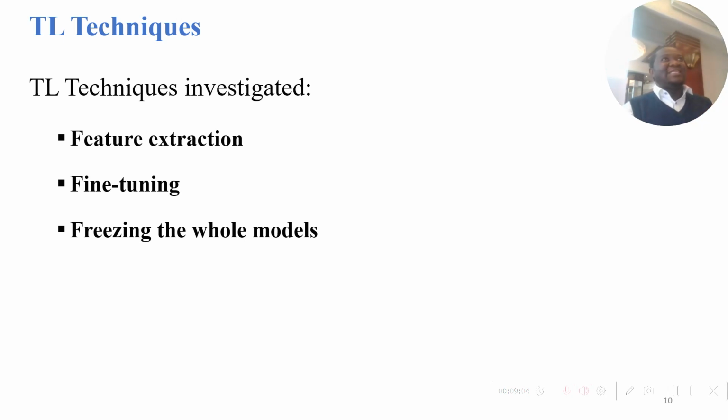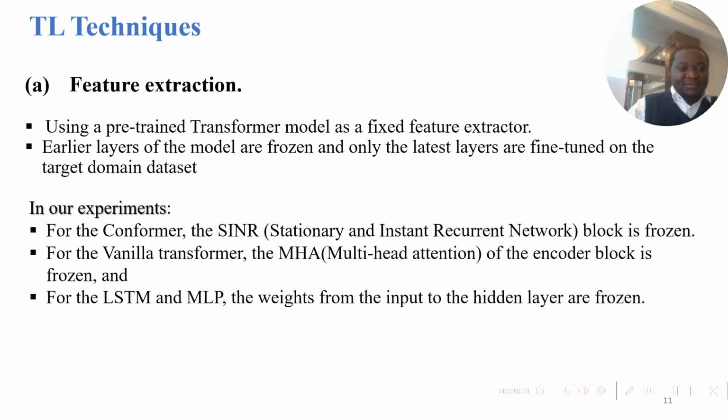A model that has been pre-trained, we freeze all the weights, and we just use it for testing in the target domain and see how it's going to perform. I can promise you the result was awful on this one because it didn't have a chance whatsoever to learn from the new environment or in the target domain.